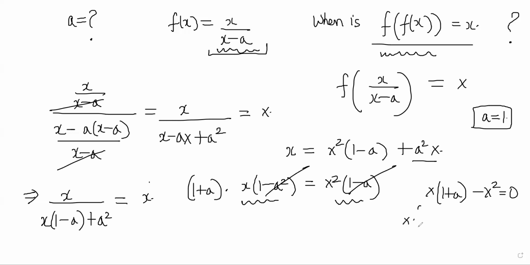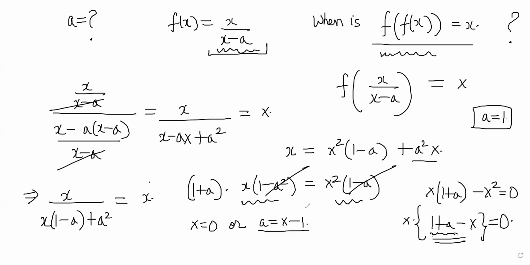So x common, (1 plus a minus x) is equal to 0. But now you're not getting any particular fixed value of a, because a values here will depend on the x, right? For example, from here we are getting either x is 0 or a is equal to x minus 1.